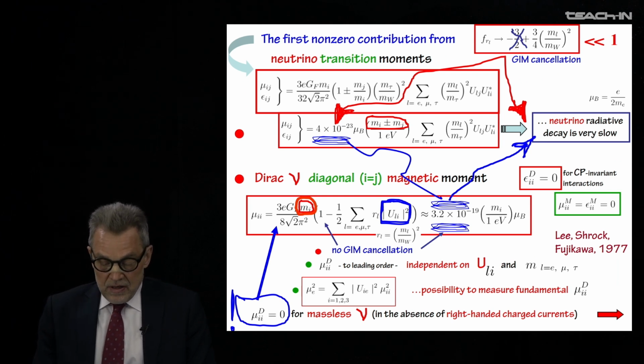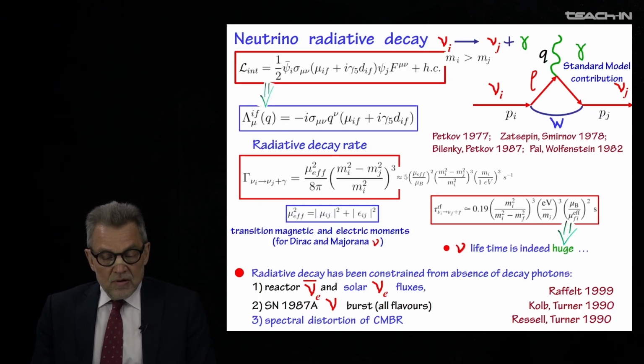This is what I have already discussed, and now let's consider a particular process, neutrino radiative decay. So the initial neutrino state decays to a lighter state of neutrino with emission of a photon. This is a diagram. This process was calculated for the first time in 1977 by Sergei Petkov, and the effective interaction Lagrangian is shown here.